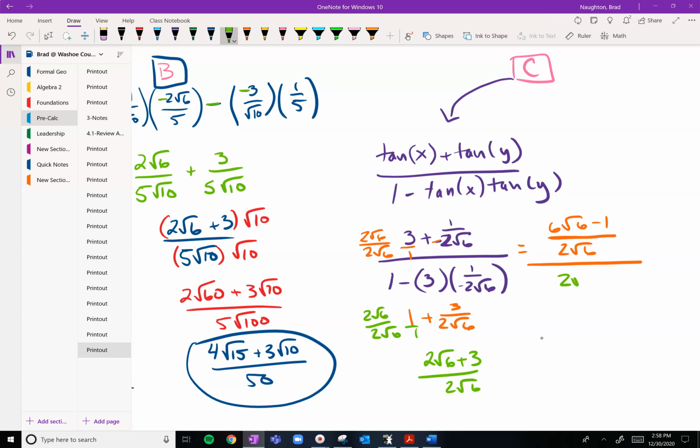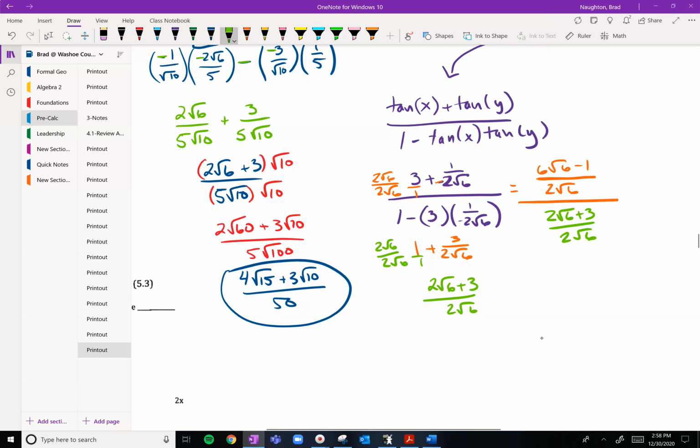And what's kind of nice, if you guys tried it this way, when you did the flip, which we'll go ahead and show you, is 6 root 6 minus 1 over 2 root 6 times 2 root 6, then I would have 2 root 6 plus 3. Those would just cancel.